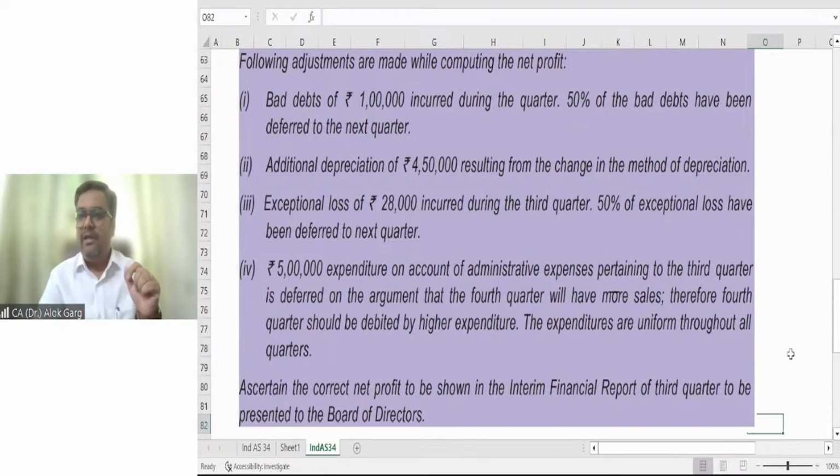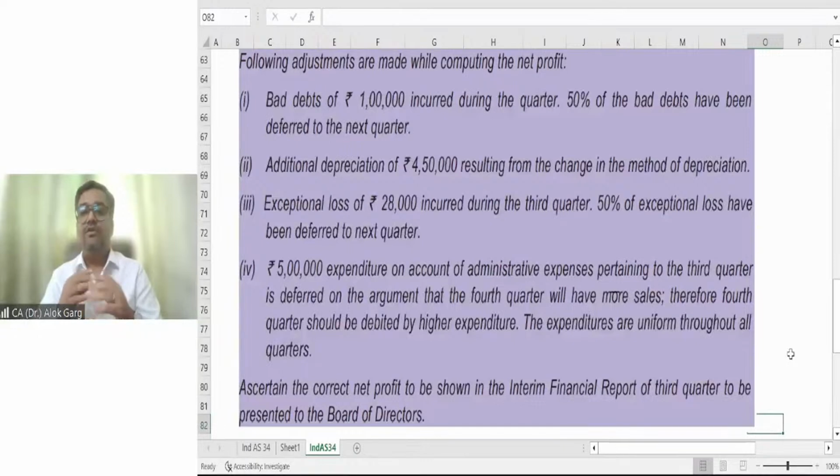You remember, even we said that if the company is into a business which is cyclical or seasonal, even in that case the expenditure needs to be incurred, sorry, the revenue and expenses are required to be recognized in the same period in which they are incurred.